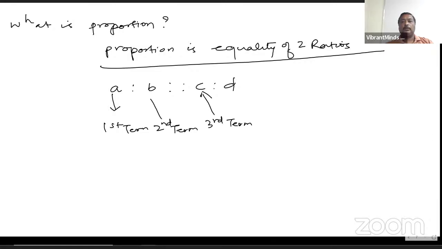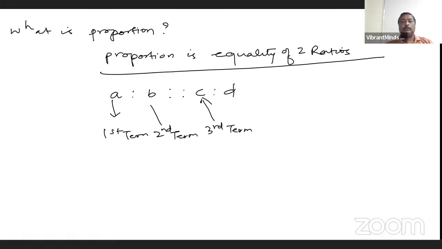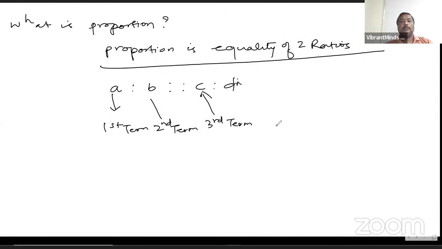This is your third term of the proportion. And this is your fourth term of the proportion. Now, understand this. This is your first term.